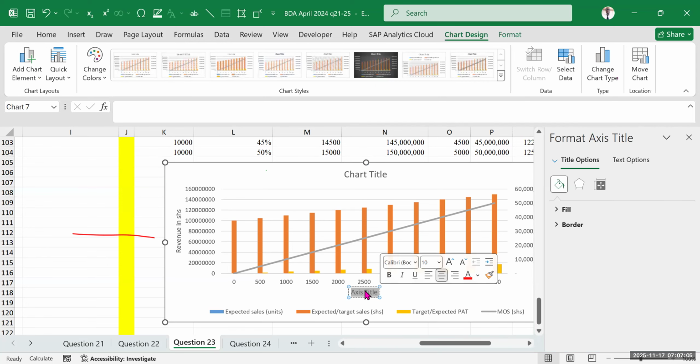X-axis is units. And then the title, you have to reflect on the question you are asked. You can start with the type of the chart.